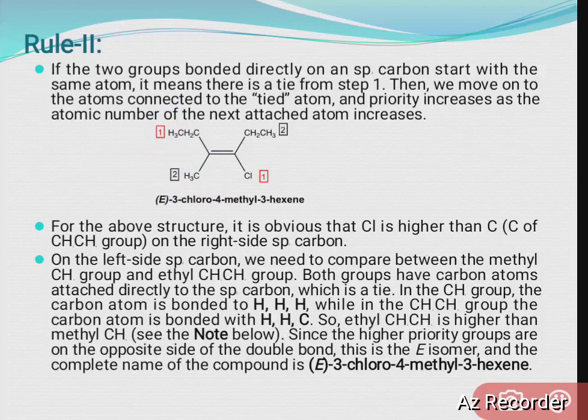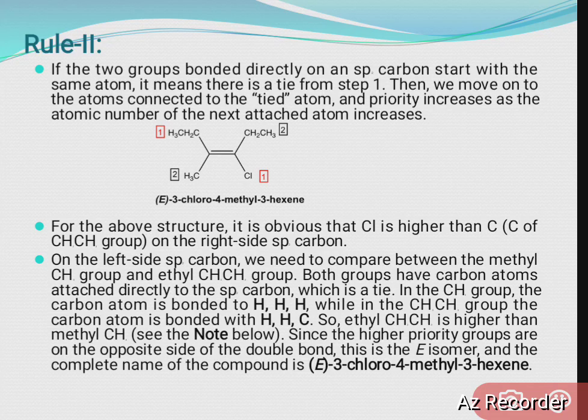Here, in this case, it is the chlorine atom, here it is the carbon atom. Okay, so compared to carbon and chlorine, which one has the highest atomic number? Chlorine, hence chlorine gets the first priority. Okay, see here, in this case how are you going to decide what isomer this is?